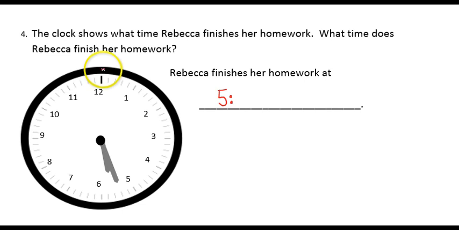I can skip count by 5s if I need to. 5, 10, 15, 20, 25, 26, 27. Looks like it's at 5:27 or 27 past 5. Now I'm just going to make the assumption that it's in the evening, could be in the morning I guess, but I'm going to put PM just to take a guess that it's in the evening.